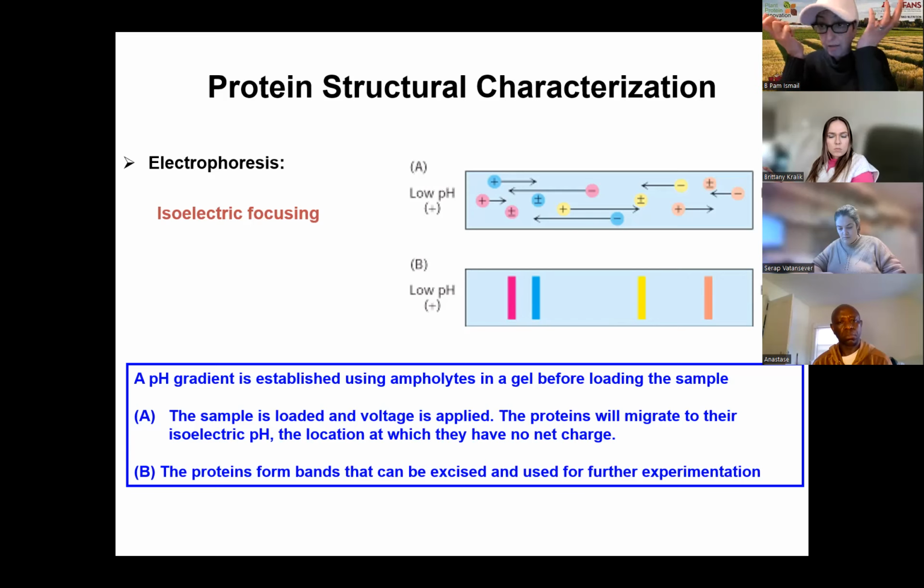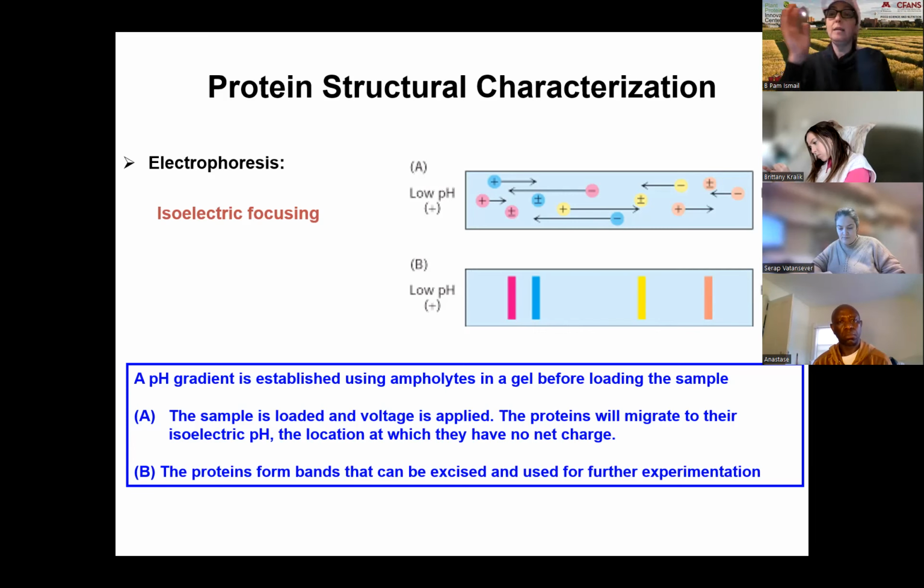But this is not enough in the protein world, because proteins not only differ in charge, they differ in size. So sometimes you might have multiple proteins that have the same charge, and sometimes you will have multiple proteins that have the same size but different charge.